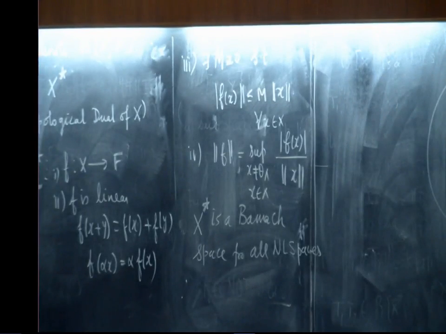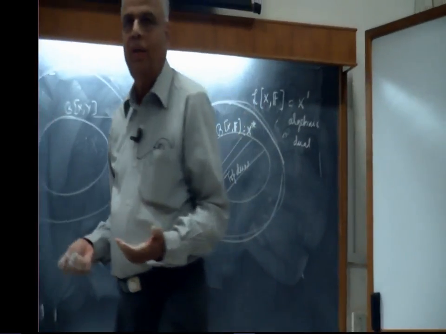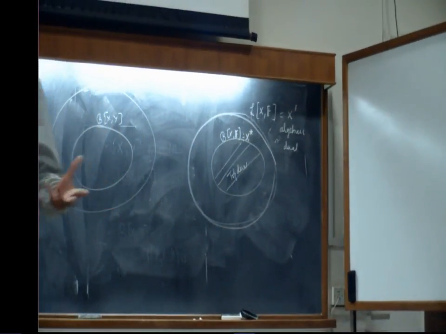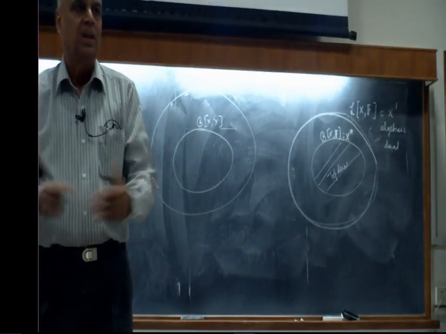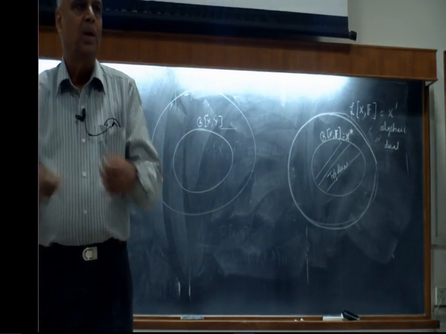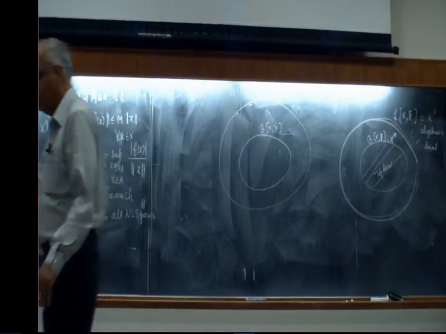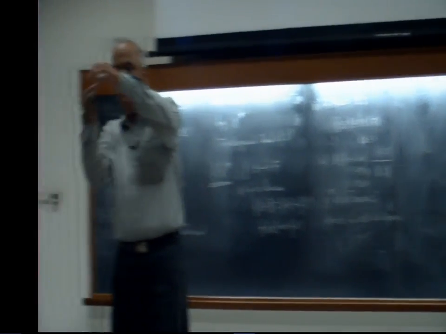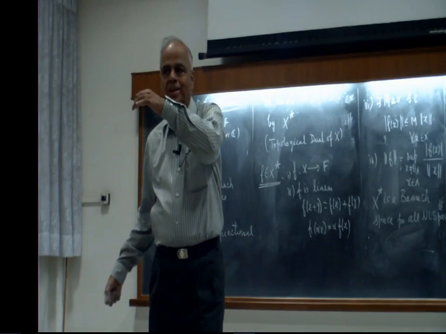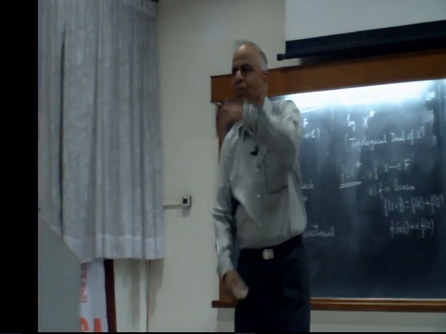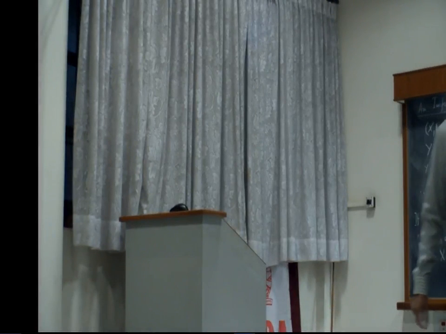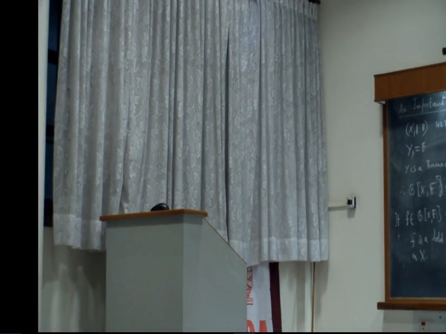The functional analyst may be satisfied with that. The normed linear spaces that we usually consider are function spaces, certain types of function signals, which may be one dimensional or two dimensional or whatever. With these functions we extract some numbers, and from these numbers we want to make predictions about that function.